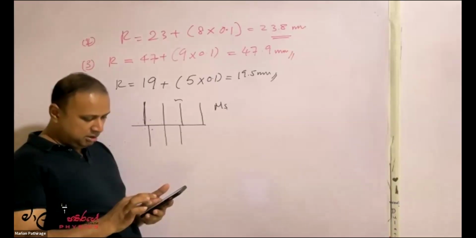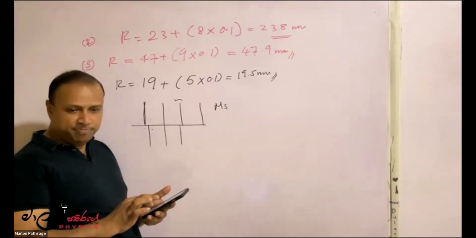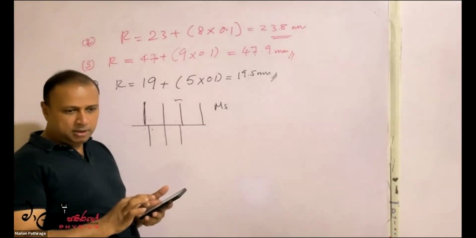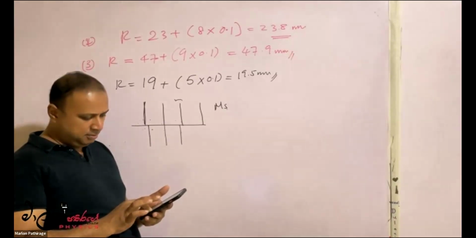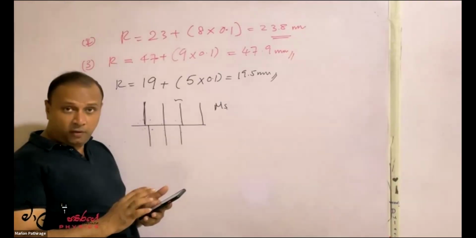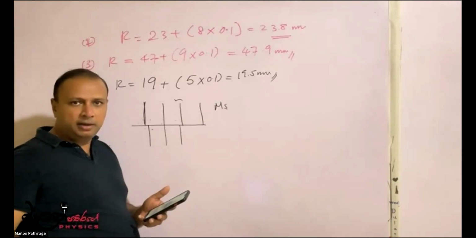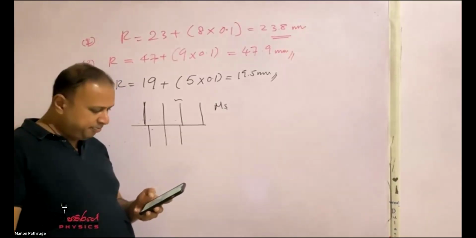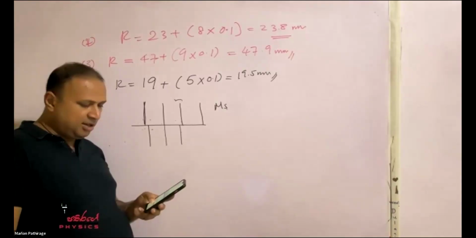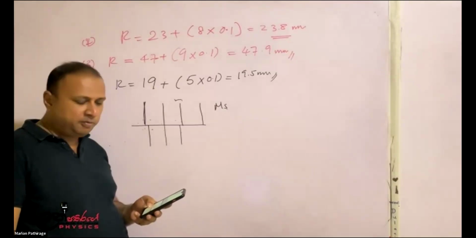Sorry, sir, 13 point. It should be 13.8, not 14 point. You cannot treat it as 14 because 14 is inside the zero reading of the vernier scale. It should be 13.8.